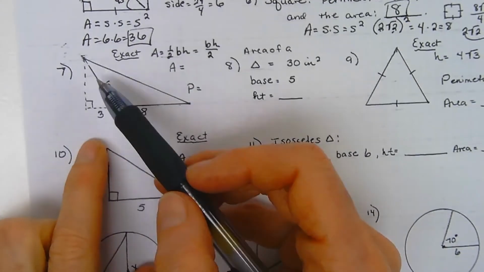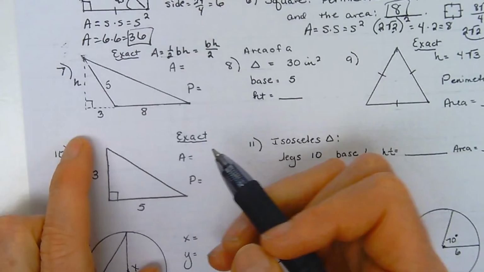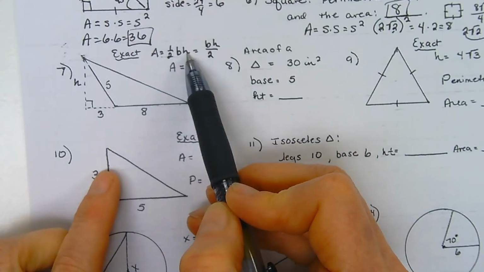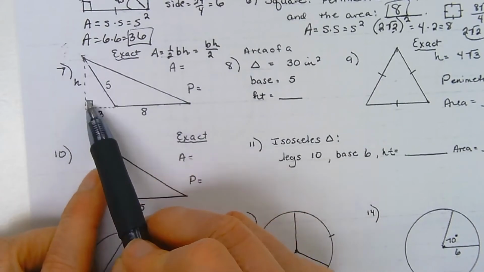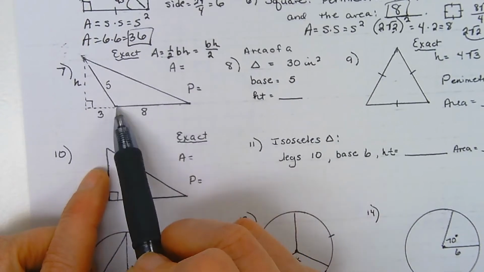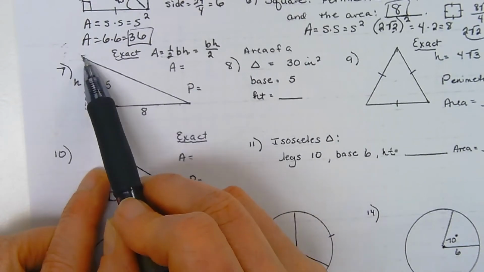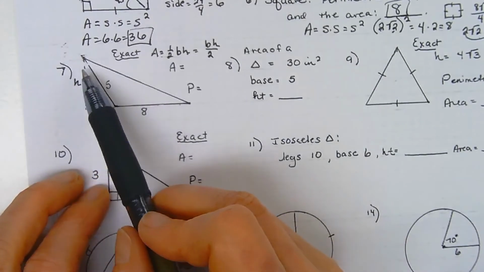So this altitude here, h, is going to be our height. We have a base, 8, and the height to that base is here. So we need to find that, and then we can find the area by multiplying 8 times the height times 1/2. How are we going to find the height?